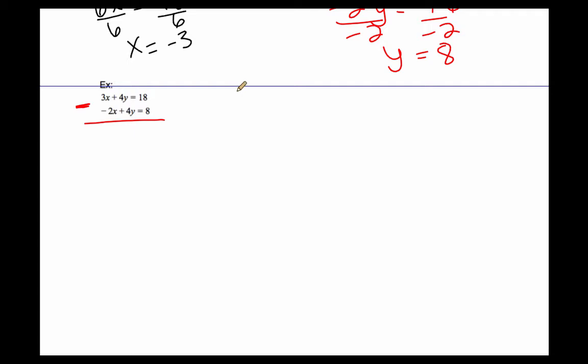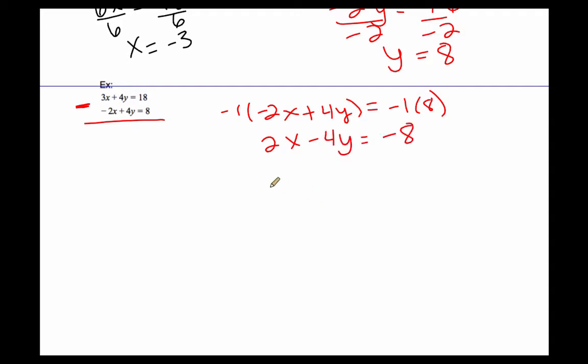Another way you can think about it is you can multiply the bottom equation by negative 1 on both sides. What does that give me? That gives me 2x minus 4y equals negative 8. So if you distribute the negative to the bottom equation, then you could add the top equation.